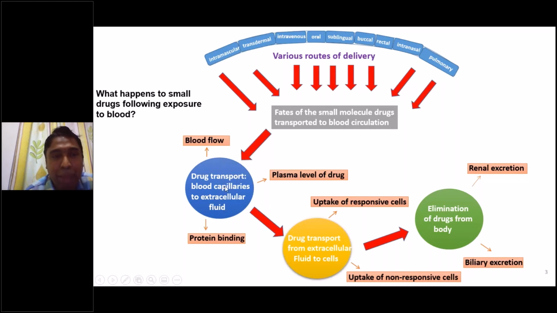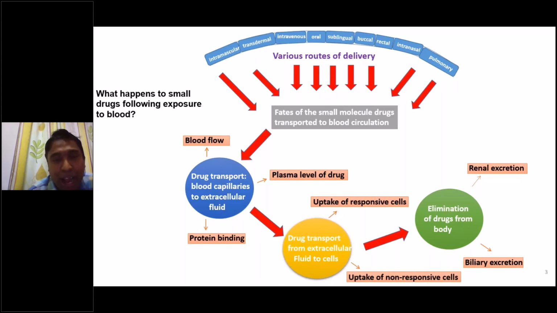In the bloodstream, there are three factors: the blood flow, the plasma level of the drug concentrations, and the protein binding. The drugs bind to the proteins in the plasma depending on their hydrophobicity or hydrophilicity. These three factors control their traffic from the blood circulation to different organs. I'm not going to elaborate on how they affect it.